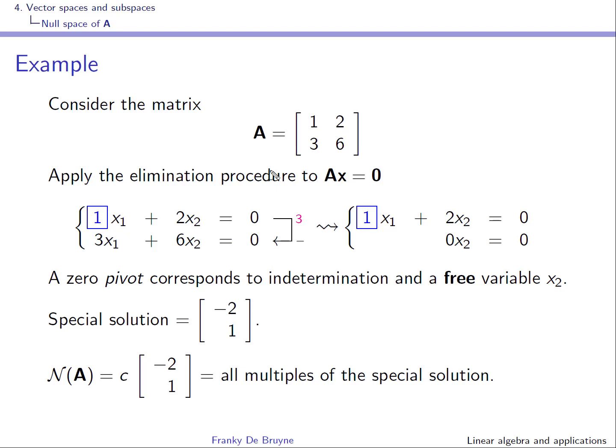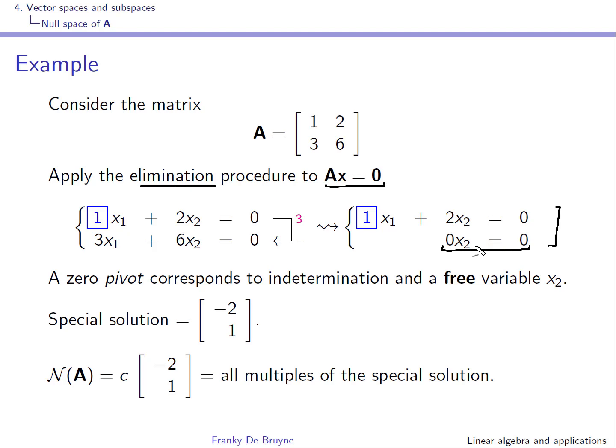So we do, as we had said, an elimination procedure. Remember that the null space is finding all the x such that Ax is equal to 0. We can do what we have been doing previously and bring the system in upper triangular form. We have a pivot over here. We can compute the multiplier, element n3 divided by pivot 3. We do the operation and we obtain this system here with this equation.